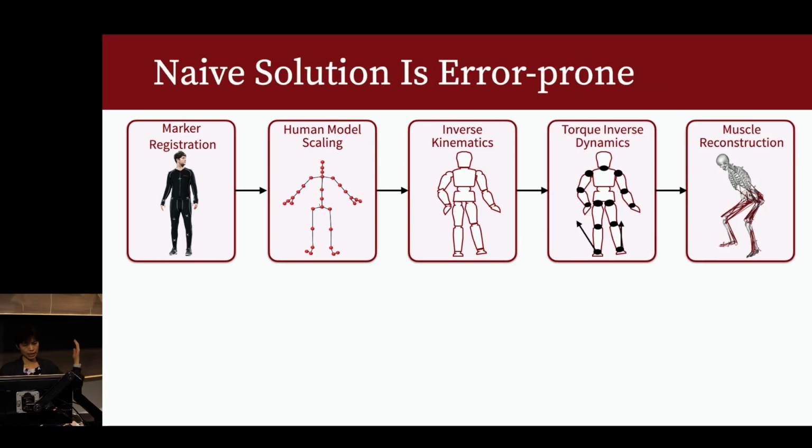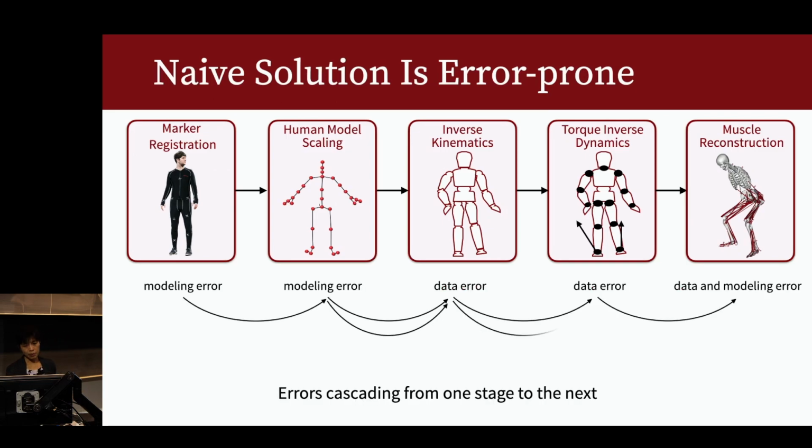And so how do we make the pipeline more complete? If we follow the conventional approach, we will process the data stage by stage, sequentially. And the problem with this approach is that there will be errors created, could be errors due to the model, due to the data. But every time you create an error, it propagates to the next stage and eventually accumulates at the end.